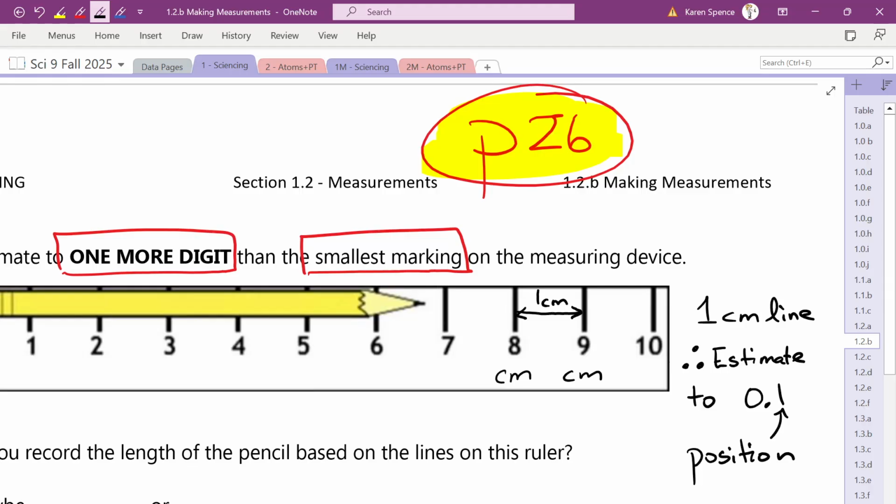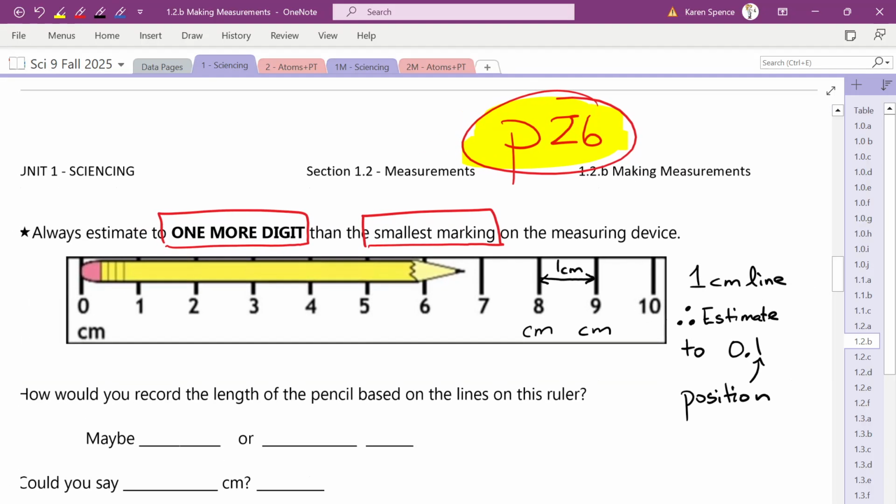So, knowing that, how would you record the length of this pencil based on the lines on this ruler? Tell your partner what you think. What should we record here for the length of our pencil?